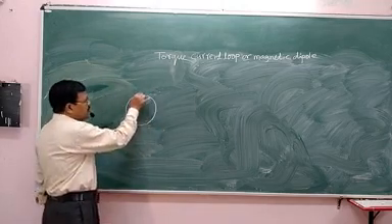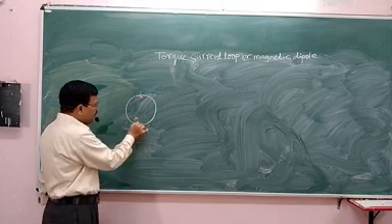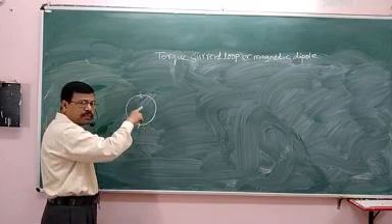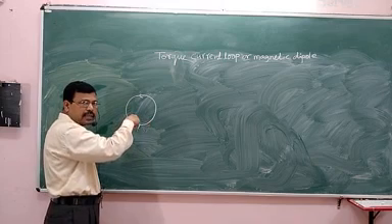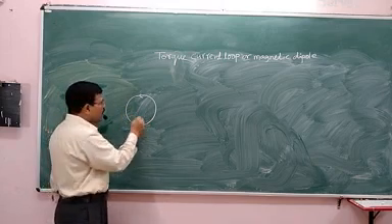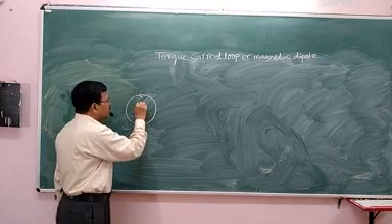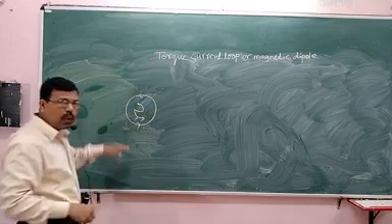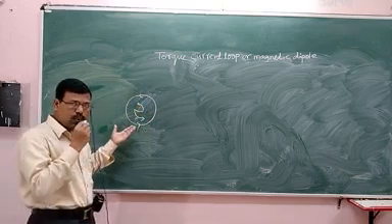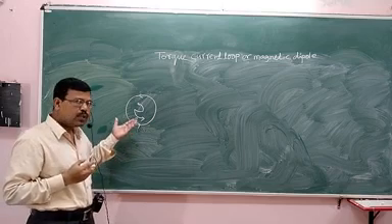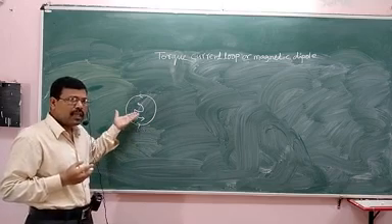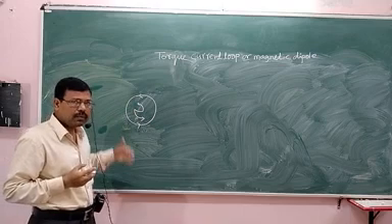if the sense of current in a loop is anti-clockwise, the upper face acquires north polarity and the lower face acquires south polarity. So this current loop behaves like a magnetic dipole.